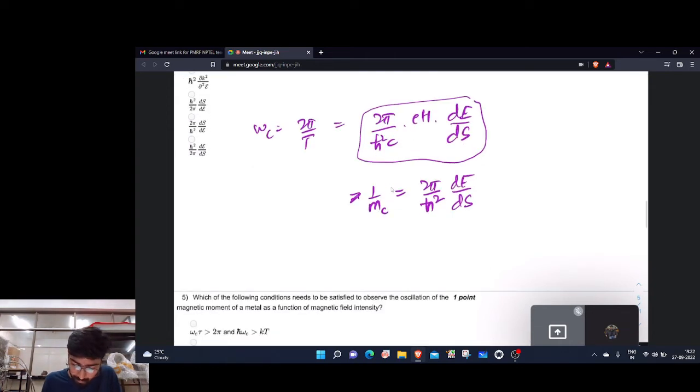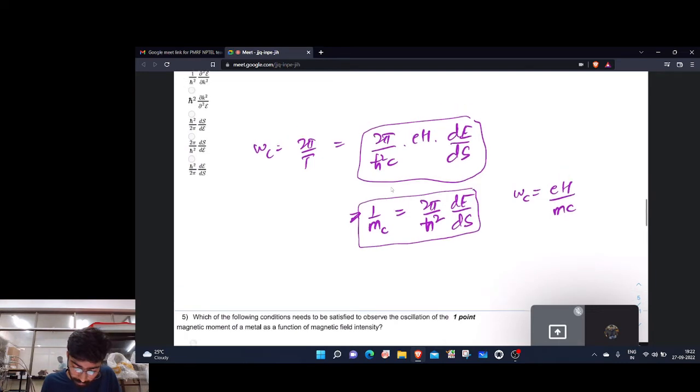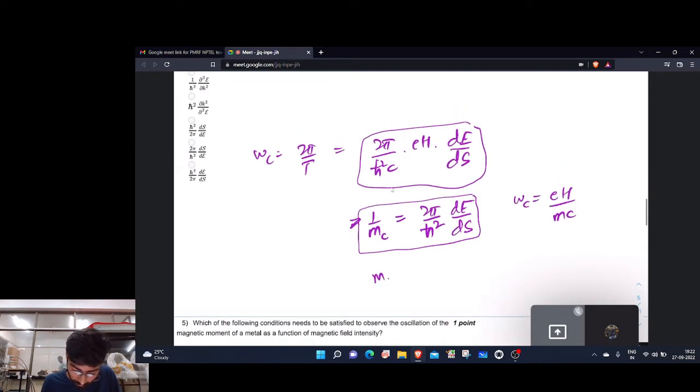Then, because omega c in these terms is eH by mc, the rest of the terms are for the effective mass. So 1 by mc is equal to 2 pi by ħ square, or I can say mc becomes ħ square by 2 pi dS by dE. So this becomes the cyclotron effective mass.